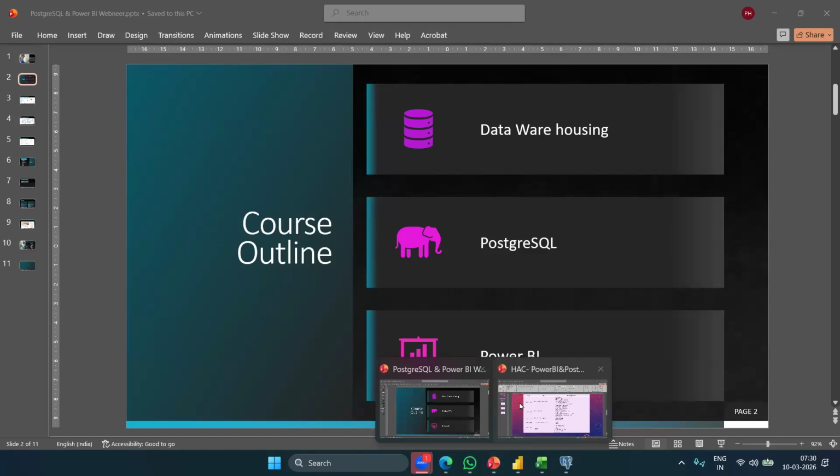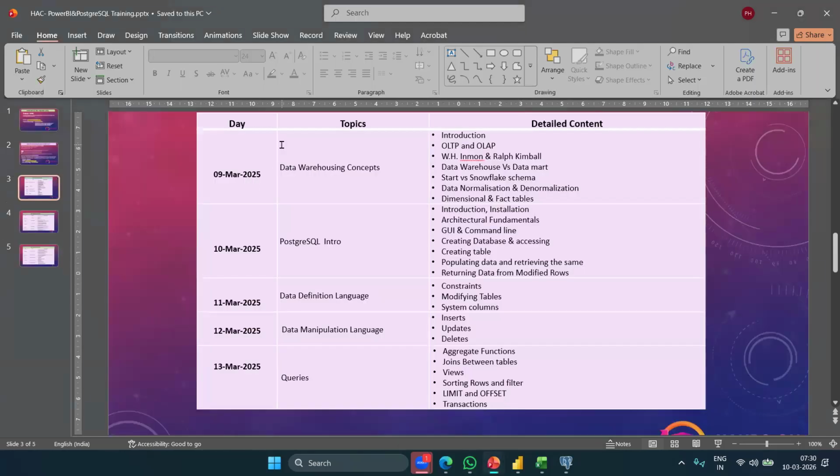If you see the course curriculum, over the 3 weeks, the first class is about data warehousing, which is like a fundamentals or foundation, like Newton's laws, right? If we are learning data warehousing, we are learning the laws of data warehousing, just like Newton's laws are the laws of physics.